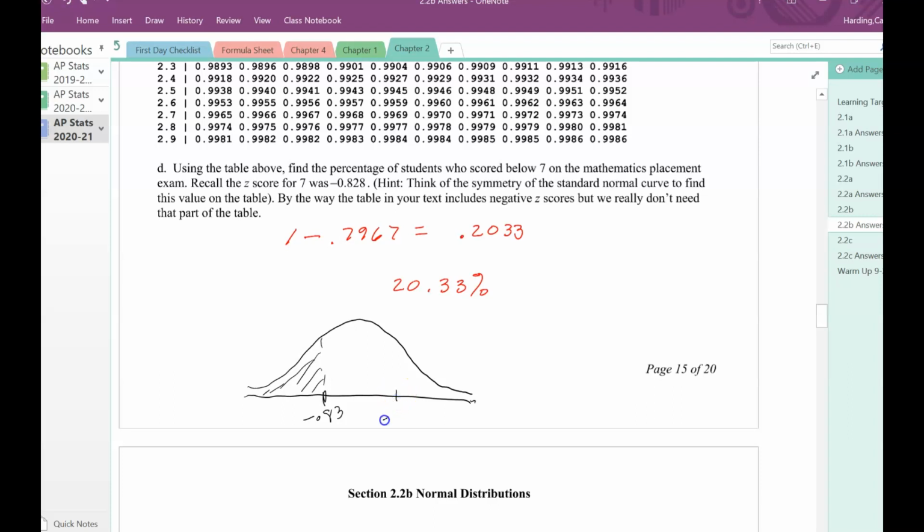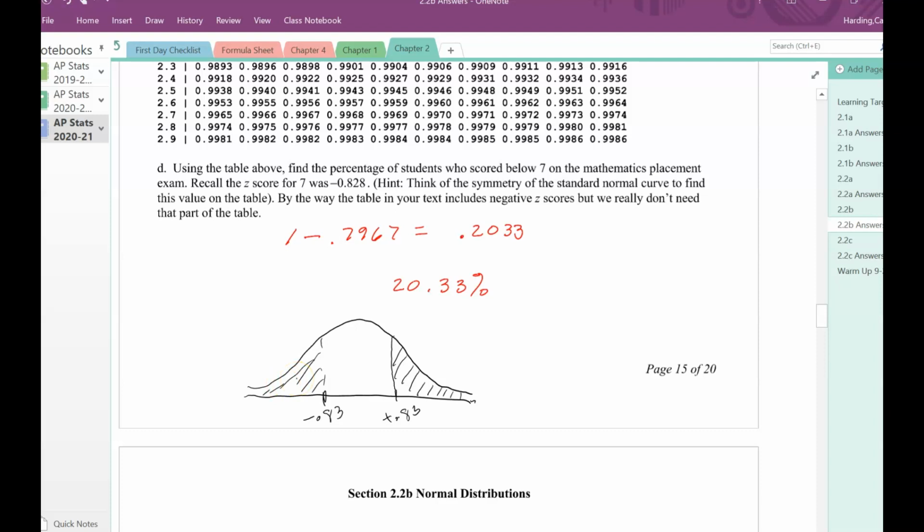The symmetry in here would be saying that the area above positive 0.83 is equal to the area below negative 0.83. So you can see from the work that's done there, Mr. Bowman looked up positive 0.83 and then just did 1 minus that value to find the amount that's below. So you can use symmetry here to come up with those values.